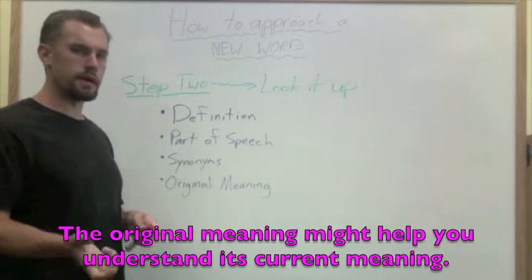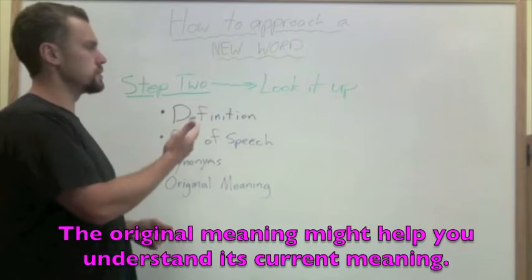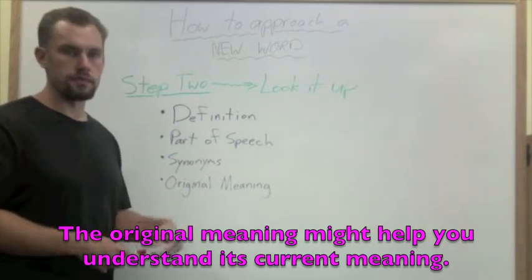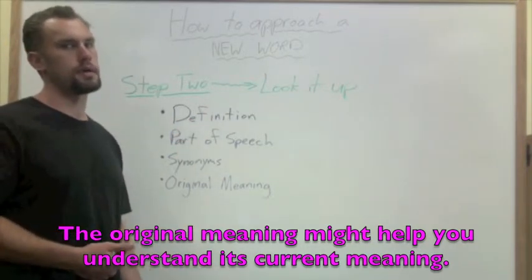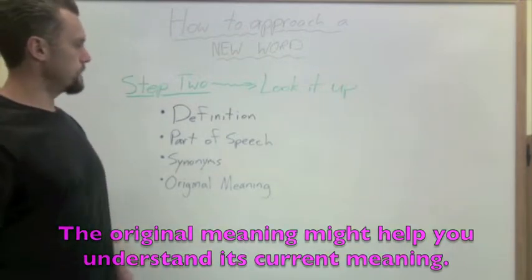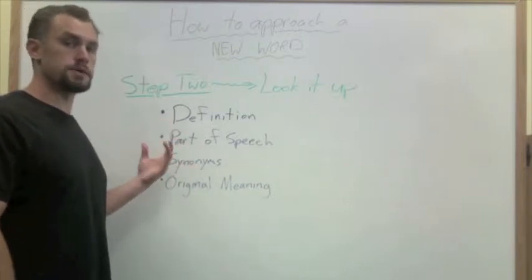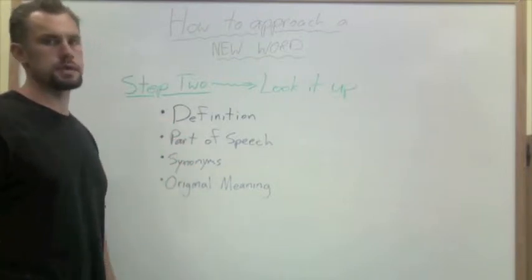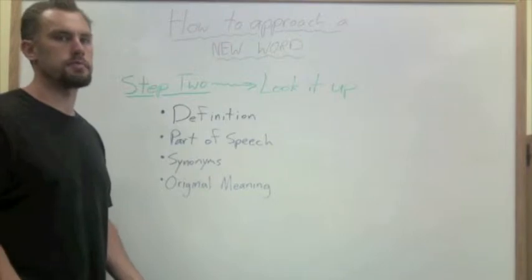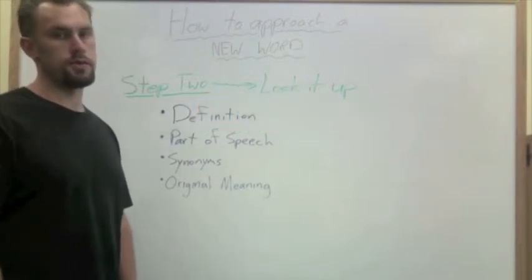And understanding how it started or the original meaning will often lead you to its current meaning and give you more insight into why the current meaning is what it is. And so after you've found these 4 pieces of information, you will have a much deeper understanding of the word and you will be ready for step 3, which is to use the word in a sentence of your own.